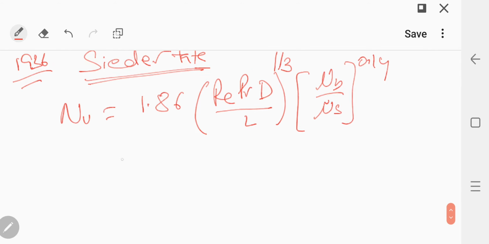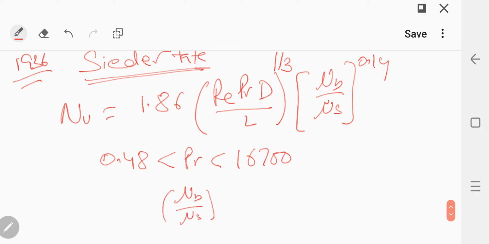But this is valid for the condition that Prandtl number ranges between 0.48 to 16,700 and mu b by mu s is between 0.004 up till 9.75. Now what is this mu b by mu s?